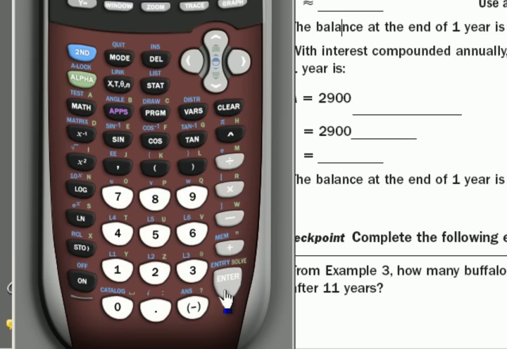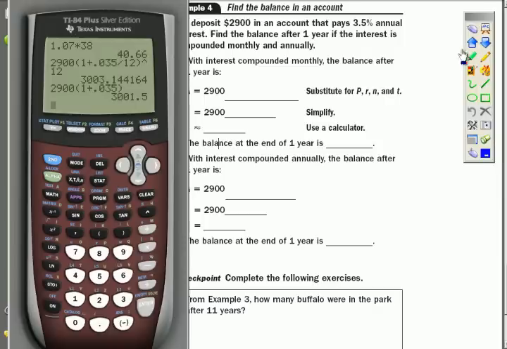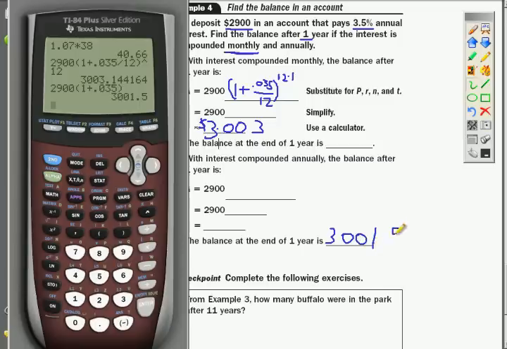All I end up with is $3,001.50. And although it doesn't seem like a lot, we only made a couple more dollars here, it is going to be a big deal in the long run if you keep getting interest on top of your interest.